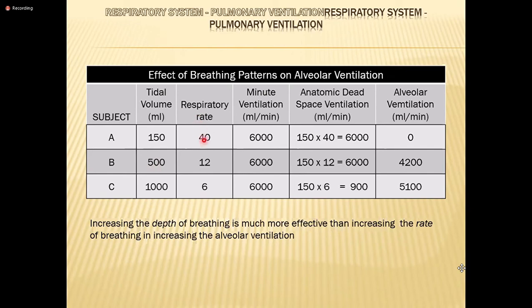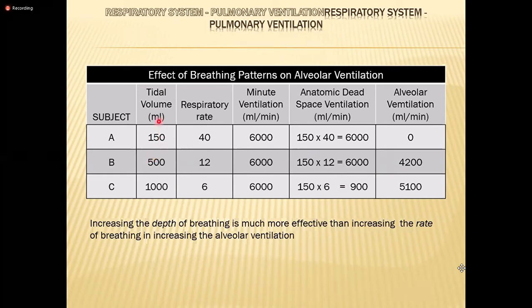The respiratory rate is 12. The minute ventilation is 6 liters, 6,000 ml per minute. The anatomic dead space ventilation is 150 times 12, which is also 6 liters. The alveolar ventilation is 4,200.